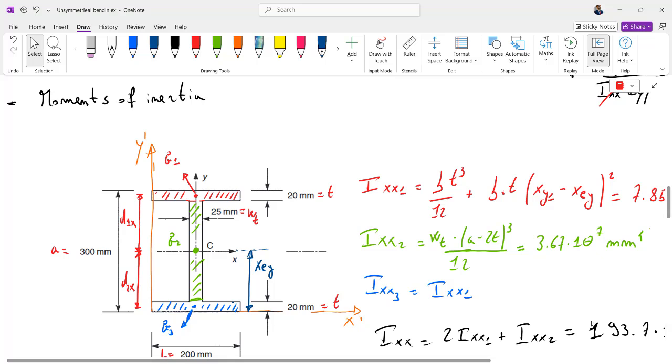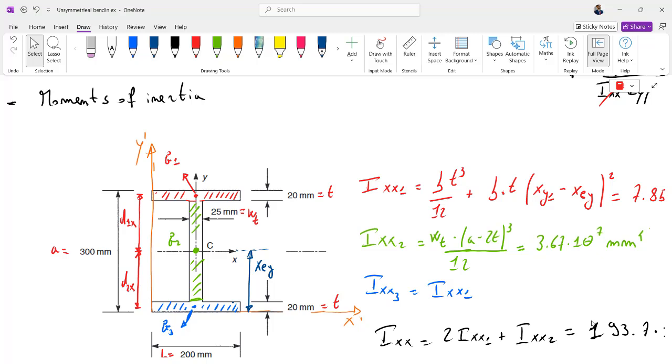Here I don't report the calculation of the area of the single rectangular shapes and of the centroids of the single rectangular shapes, so G1, G2, G3. We have just calculated these quantities in the previous video, where we saw this beam for symmetrical bending.